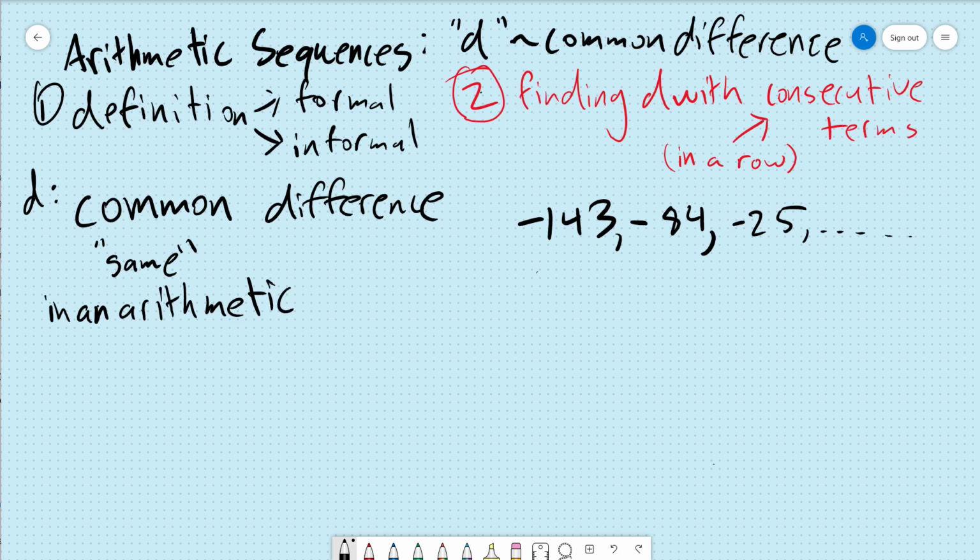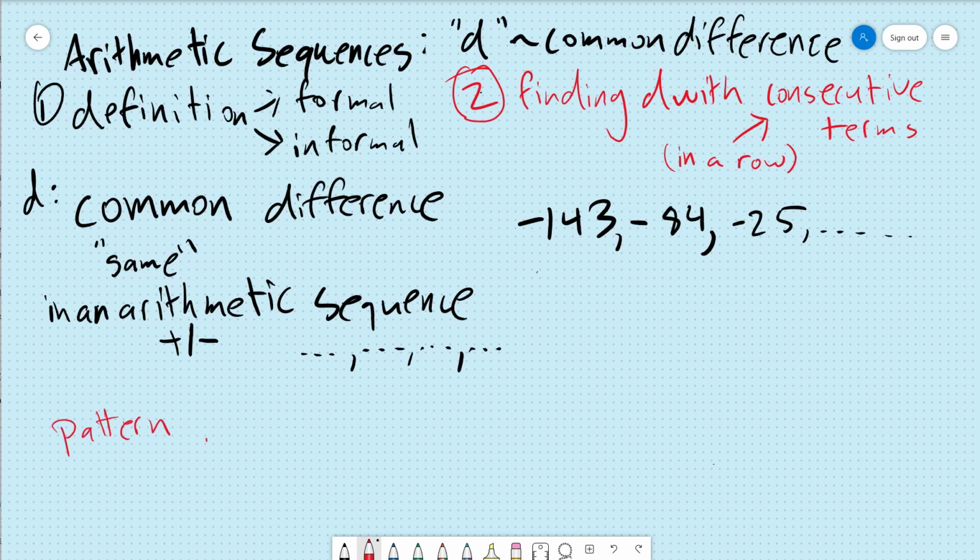So arithmetic here, that's going to be adding or subtracting, which is adding a negative. And that's going to be, well, we've got a term, another term, more terms, going up and down by the same amount. And then for my informal definition, I'm just going to say it's a pattern that goes up or down, adding or subtracting the same.